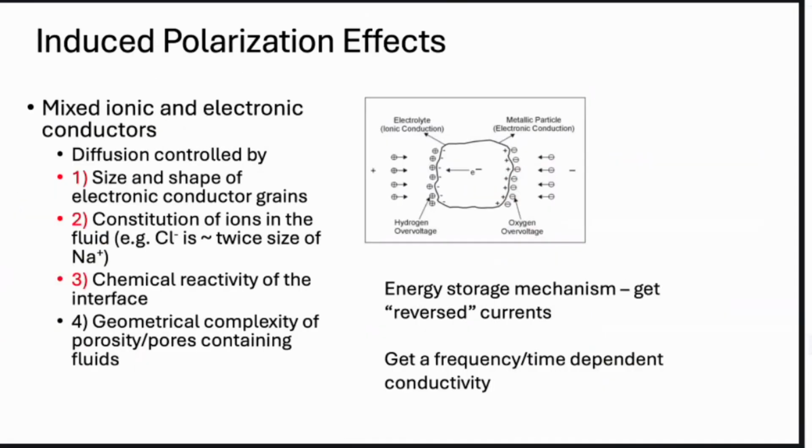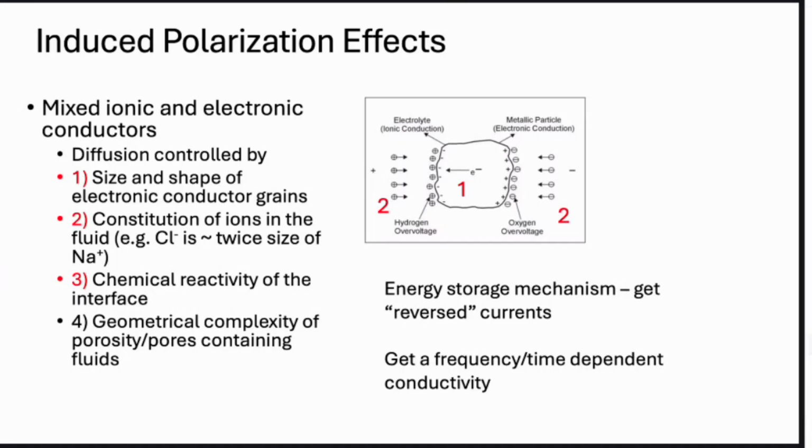Okay, so if we have mixed ionic and electronic conductors, the amount of diffusion you get is controlled by several factors. First of all, the size and shape of the electronic conductor grains. The smaller they are, the quicker things can happen. Second, the constitution of the ions. For example, chlorine minus is twice the size of sodium plus.